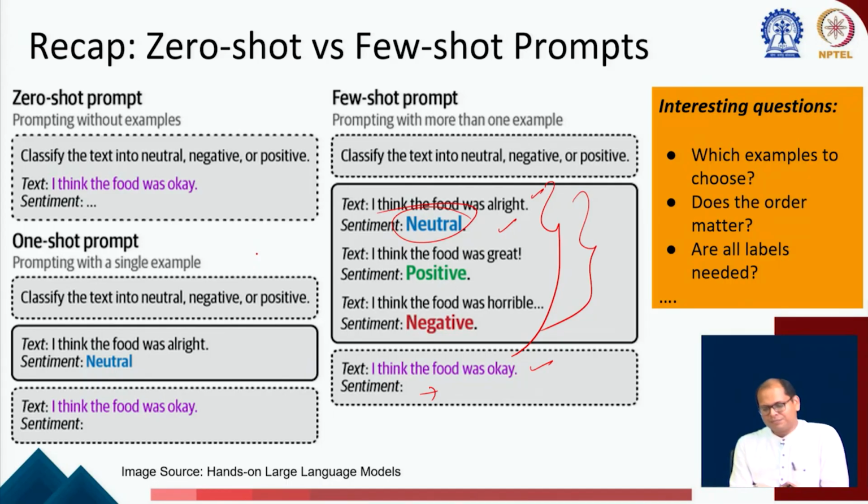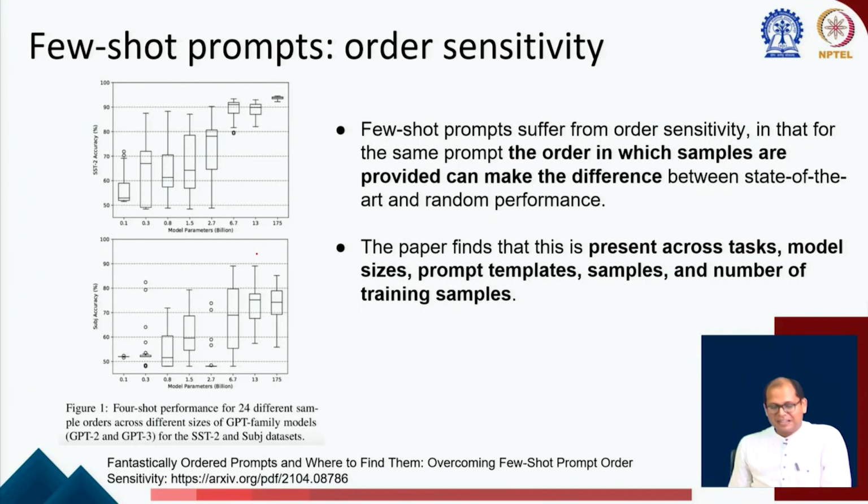Now, there are certain counterintuitive things that people have found in the literature. I will talk about just some of these. For example, what is the importance of the order in which you put the examples? In this particular paper, "Fantastically Ordered Prompts and Where to Find Them," they did experiments over GPT family models on SST-2 and some other datasets.